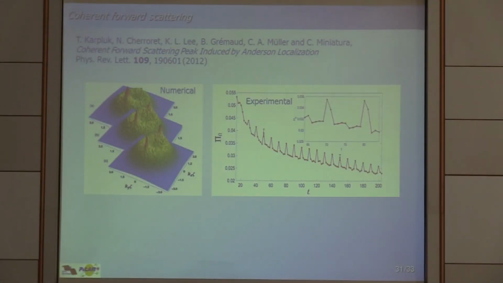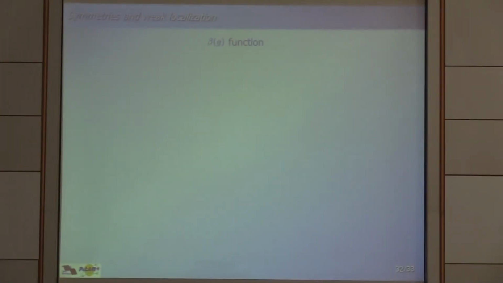This has been put into evidence relatively recently by numerical calculations. I won't go into details. And to my knowledge, our signal is the first experimental observation of this phenomenon.